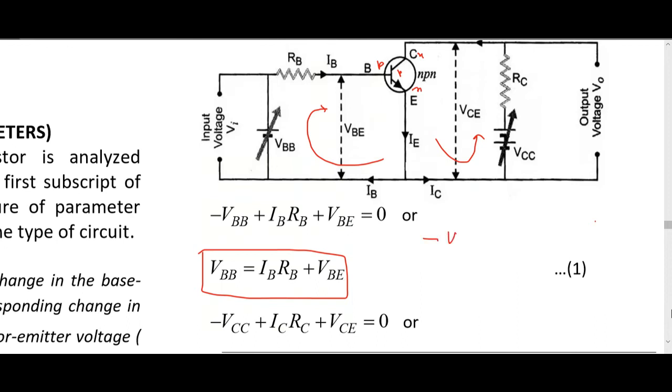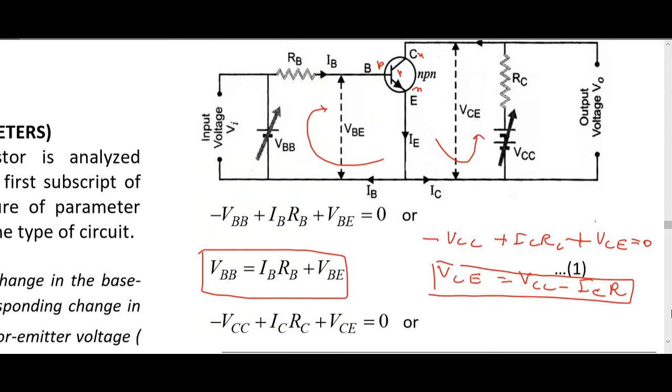First the negative of the battery, minus VCC, and then we are traveling in the direction of the current, ICRC, and then we get VCE, which is the collector to emitter voltage, and the sum of all these voltages is 0. It means VCE is equal to VCC minus ICRC. This is a very important equation, which I shall be referring to again and again.